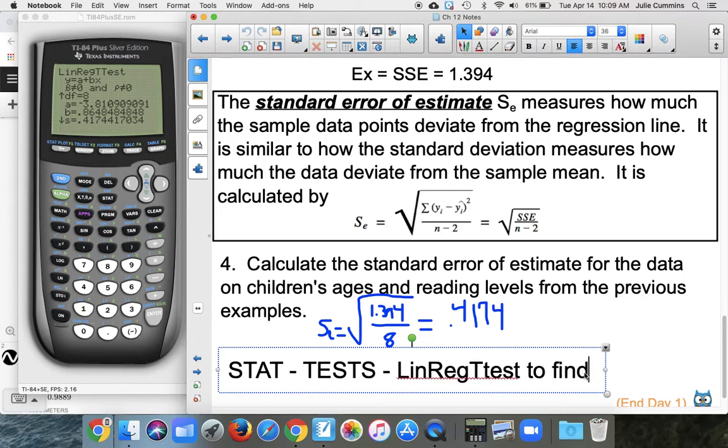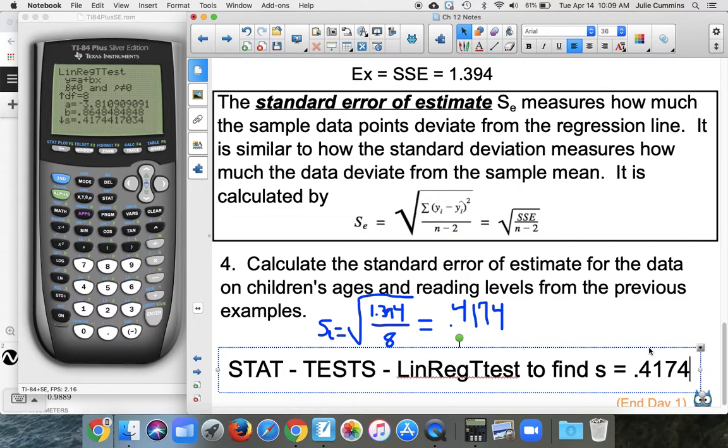So when you run that linear regression t-test, that's why we love it so much, because it gives us so much wonderful information. Exactly what we calculated before, S is kind of like a standard deviation. So our predicted values vary from the actual values by about 0.4 on average.